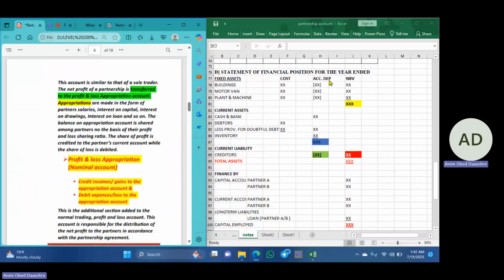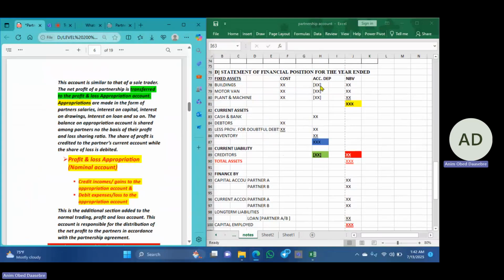The same thing. Now, this is how you are going to prepare the balance sheets or financial position of the partner. You start with your non-current assets, the cost, accumulated depreciation, then net book value, right? You record the cost, you apply the accumulated depreciation, whether it is using straight line or sum of year digits or whatever.